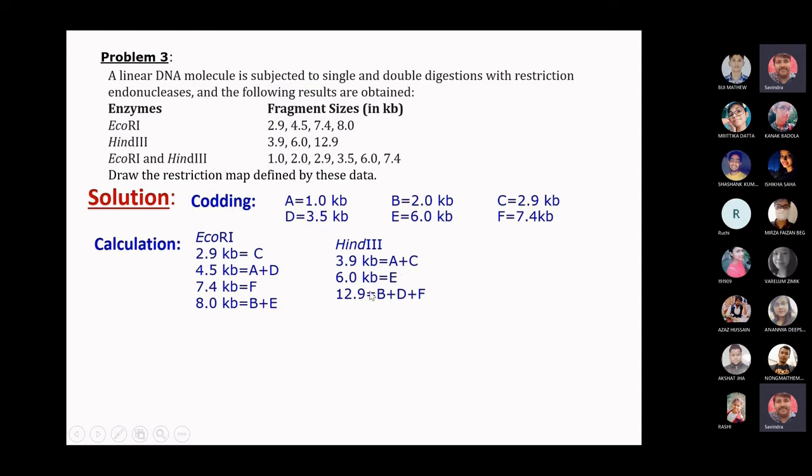If any code is missing from any of the enzymes, it means you have done something wrong. It should not be repeated and it should not be left out. Okay?